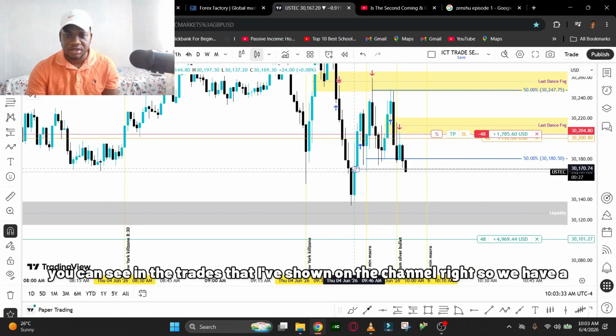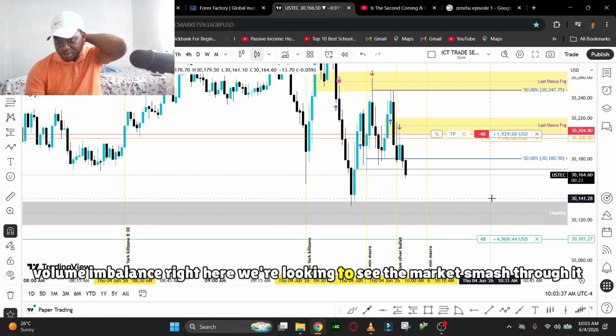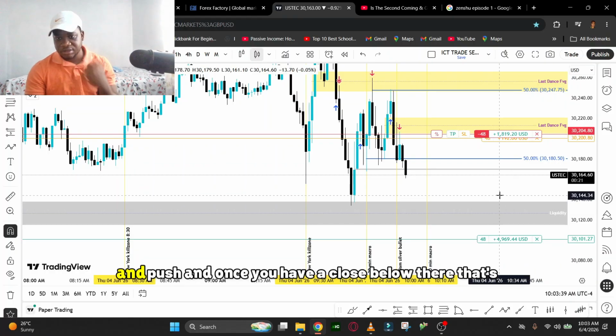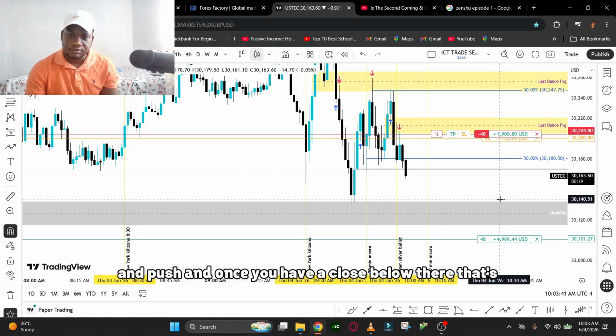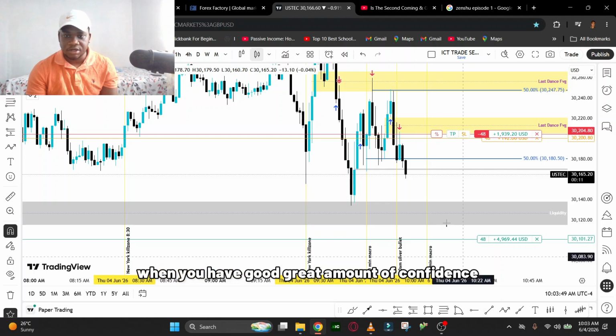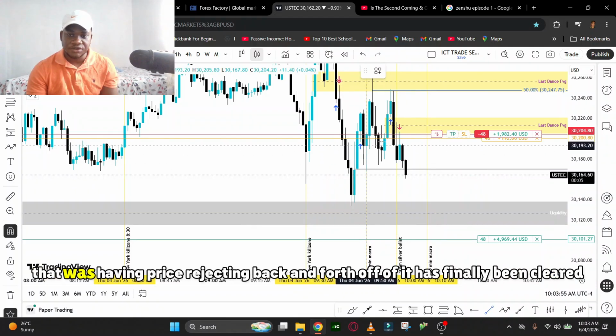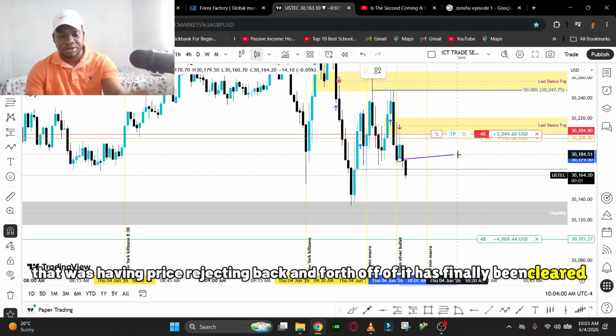So we have a volume imbalance right here. We're looking to see the market smash through it and push. And once you have a close below there, that's when you have a great amount of confidence that you're actually on side. Anyway, as we can see here, the area that was having price rejecting back and forth off of it has finally been cleared.